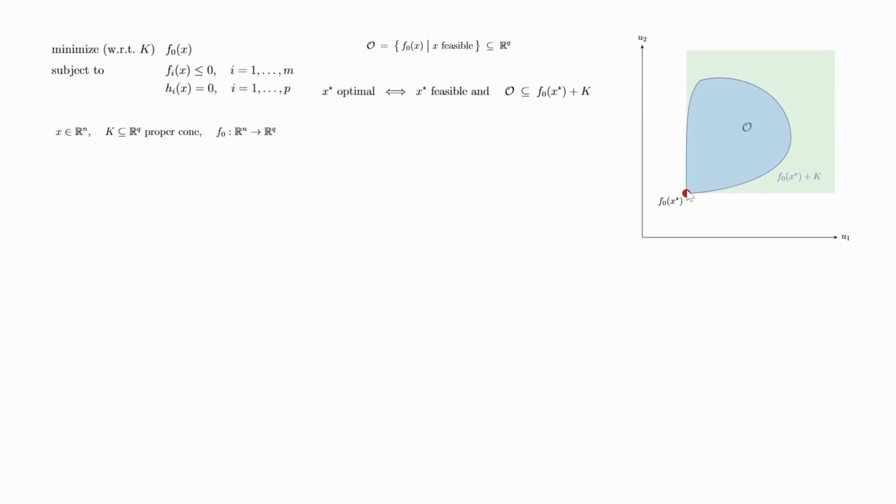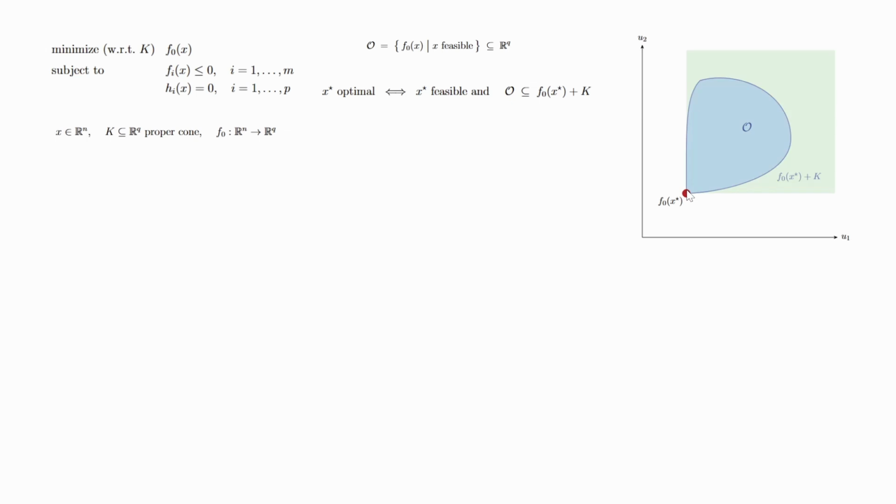Now, the more general and practically relevant case is Pareto optimality. This is a case where you have a value that's not comparable to every other value in the feasible set. So we say x is Pareto optimal if f_0(x) is a minimal element of O, not the minimum, the minimal element.